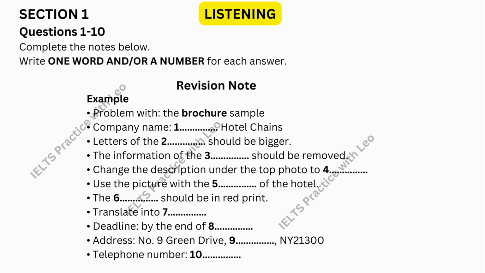We need it before the end of July. It's late June now. Roughly, it'll take 3 weeks to re-edit. So it will definitely be ready before the deadline. Great. To where shall we send the samples? The address is number 9 Green Drive, Clifton, NY 21300. How do you spell Clifton?